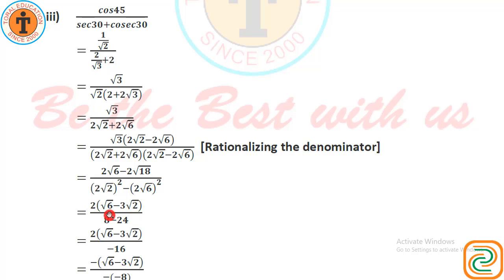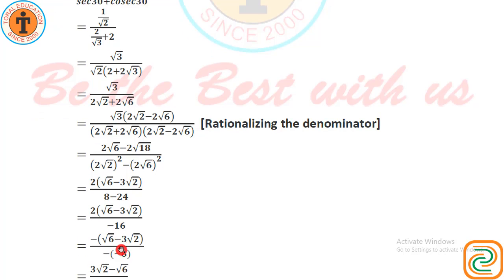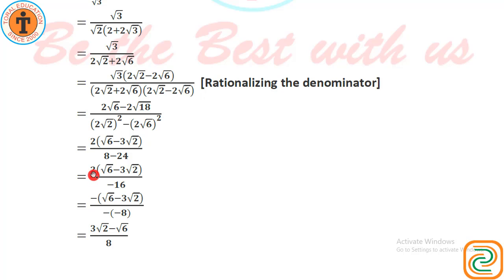Look, 2 root 6 minus 3 root 2, the numerator, upon 8 minus 24, that is minus 16. Again here cut off. 8 2s are 16, so it will be minus 8. But what I did, I took both the signs negative.